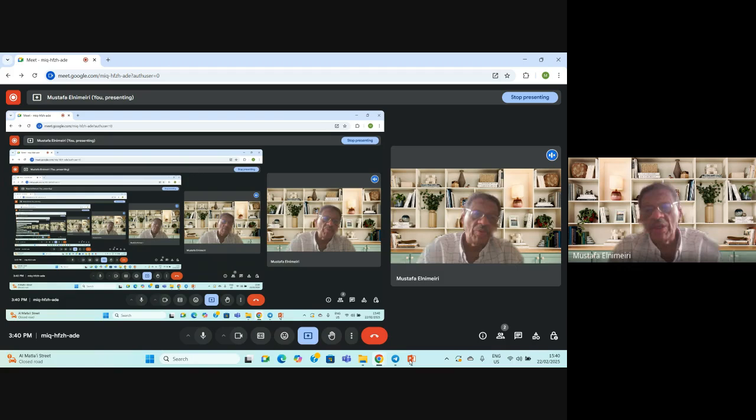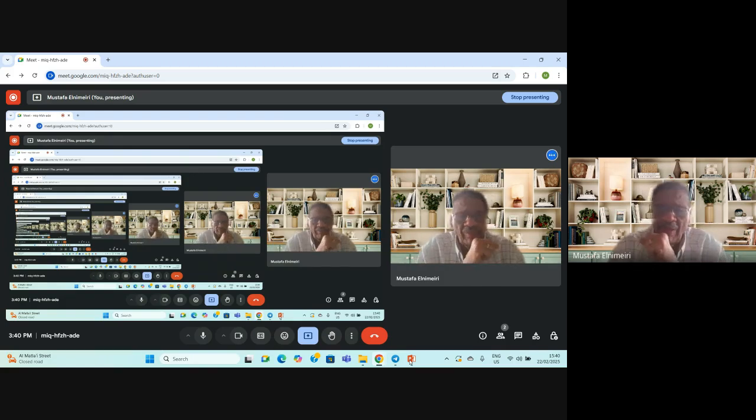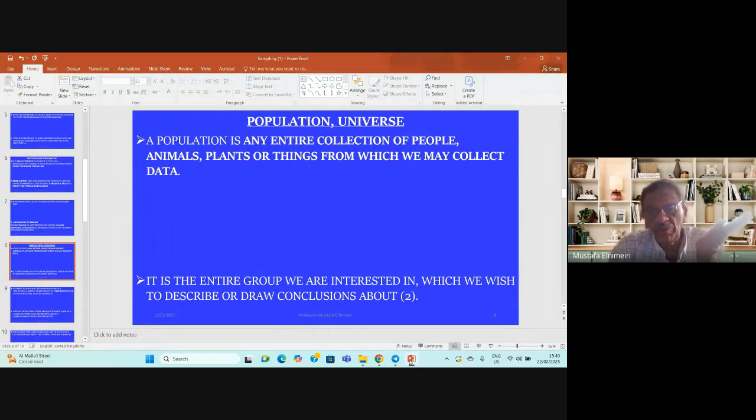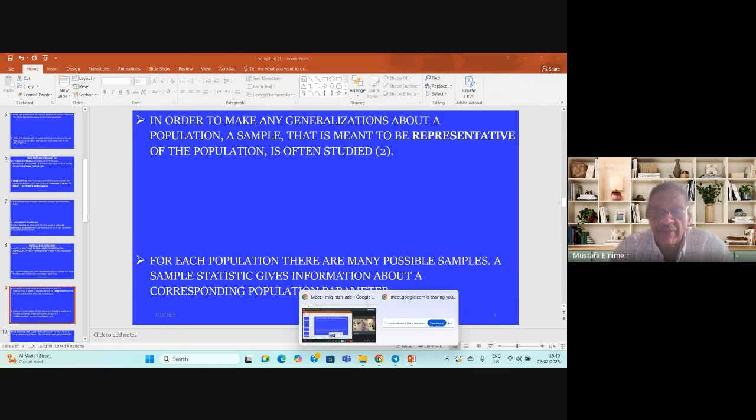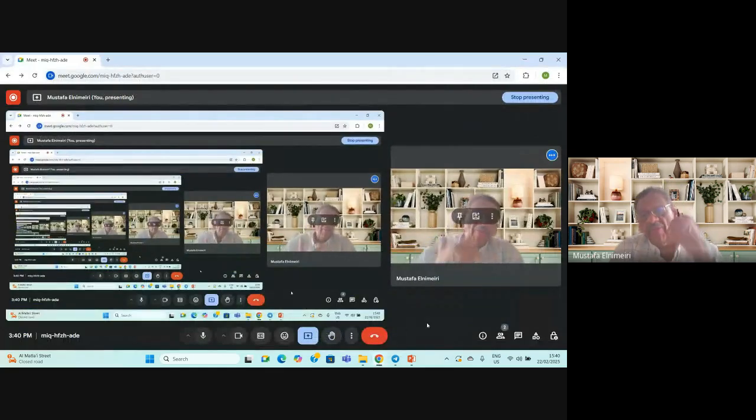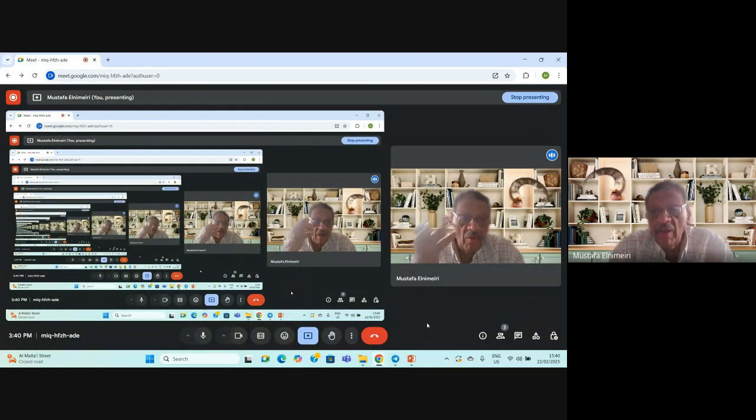Then our population is the medical doctors currently employed in Khartoum Teaching Hospital. So we are interested to conduct the study among them so that we can understand their knowledge, their practice, their attitude, and how they perceive and how they practice informed consent from patients.